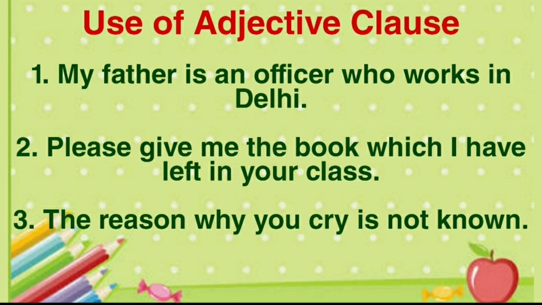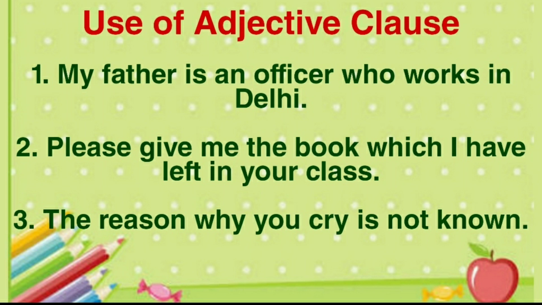Let's move to the second example. Please give me the book which I have left in your class. So you see the adjective clause here, which I have left in your class. Which I have left in your class? The book. So it qualifies the noun, that is the book.